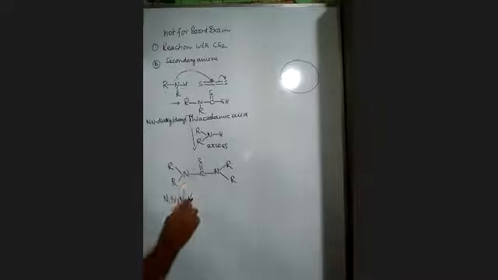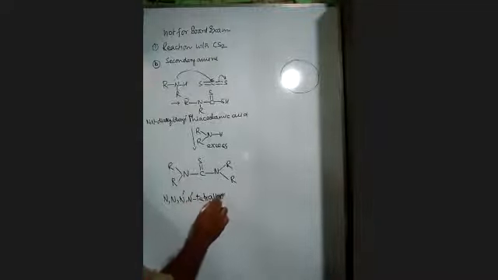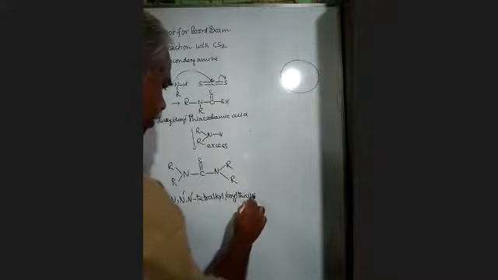You will get thiourea. So here it will be N prime, N prime, because they are two different. So it will be either tetra alkyl or aryl thiourea.